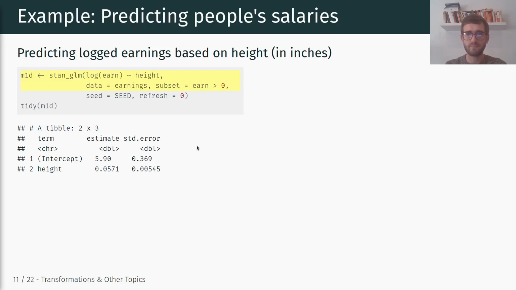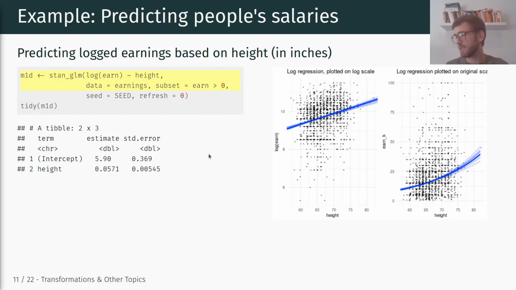Okay. We can visualize the relationship between logged earnings and height, both on the log scale, which is right here on the left-hand side, and we can see on the logged scale we're modeling a linear relationship, right? This is still a linear regression, just on the log scale.